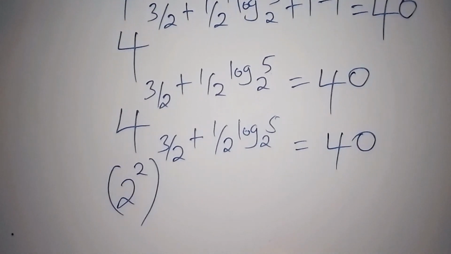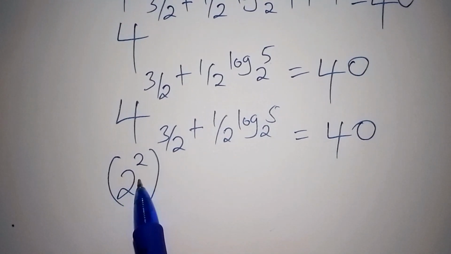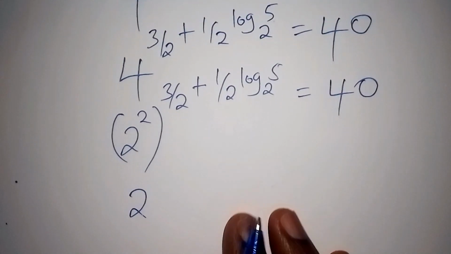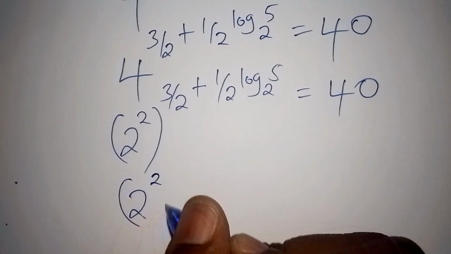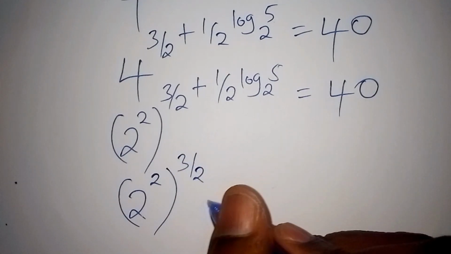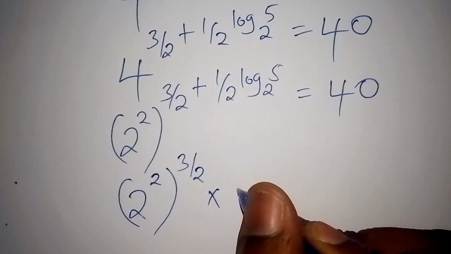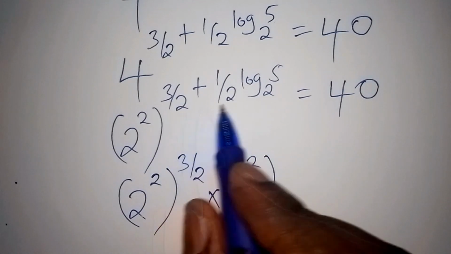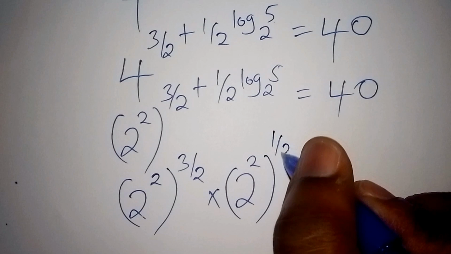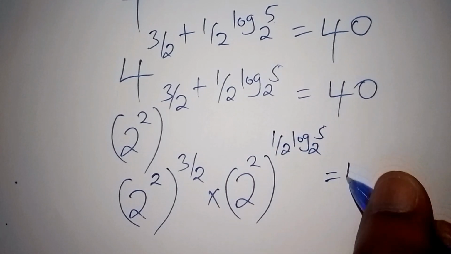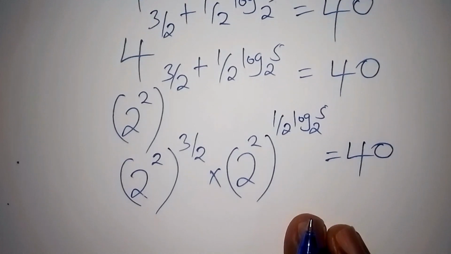So we shall now have 2 to the power of 2, then now we shall have 3 over 2. So the plus shall now change to multiplication, so we shall still have 2 again to the power of 2, then in this case now we shall have a half the log of 5 to the base of 2 is equals to 40. So let's now work it out.